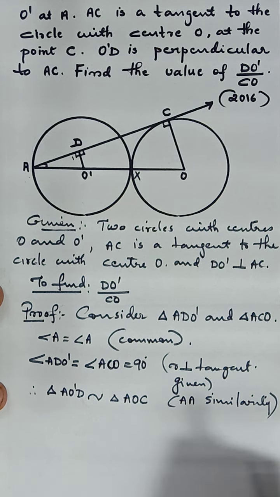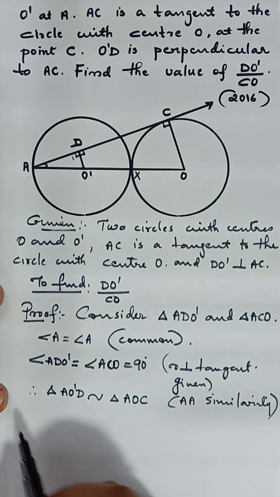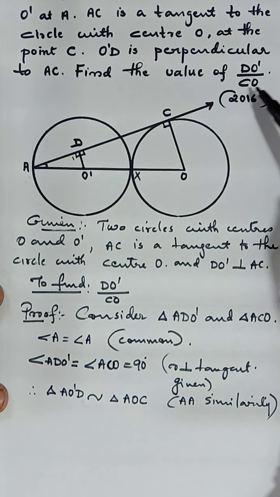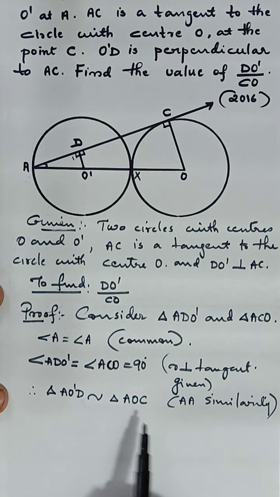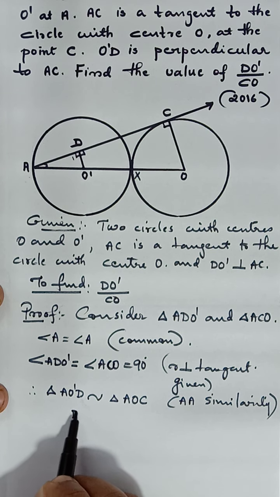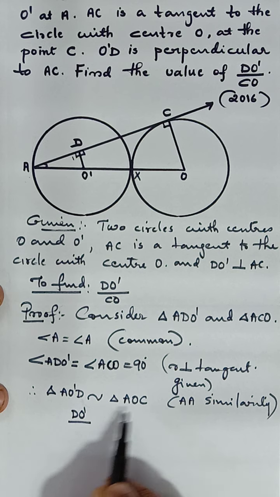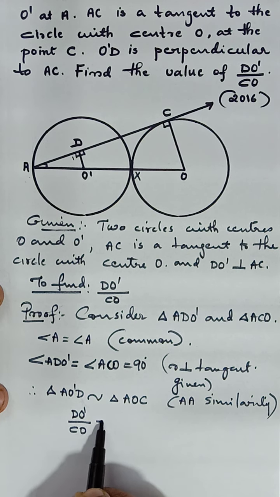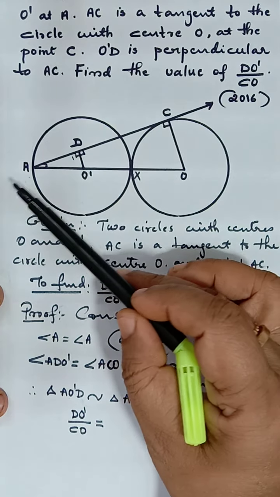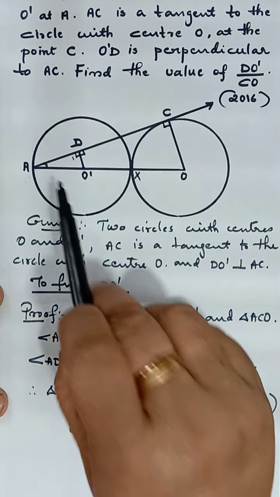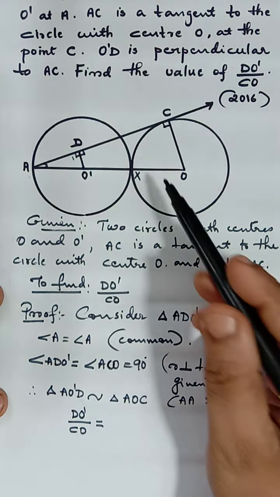If they are similar, which ratio do we need? DO dash by CO we need. Let us take that itself. DO dash by CO equals, where we are going to compare, because both have the same radius, it is given.